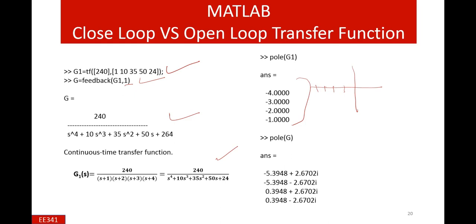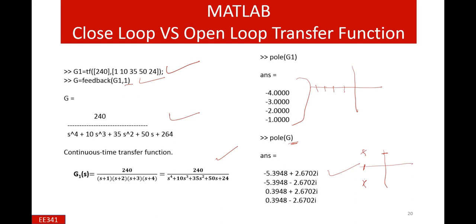For the closed loop transfer function, two poles lie on the left half plane, for example minus 5.39, and plus 2.67 on the vertical axis. So one pole lies here and the next pole lies here.